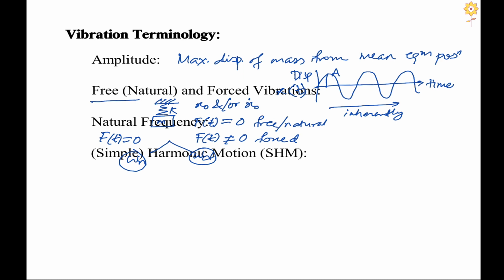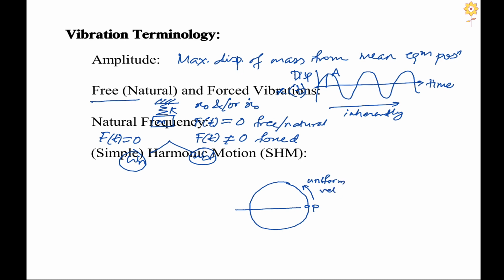Simple harmonic motion. Sometimes we also call it harmonic motion, to be simple. So in short, it is SHM. Suppose we are talking about some cyclic motion. So we have a circle. We imagine that we have a particle P that is moving around the circumference of the circle with uniform speed or uniform velocity.